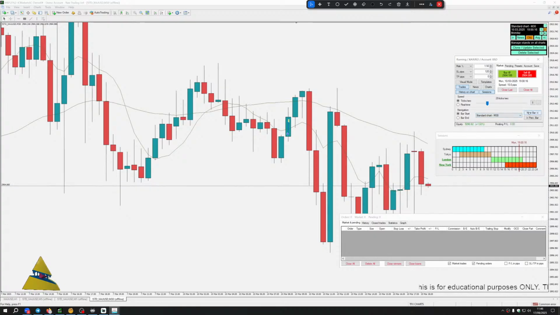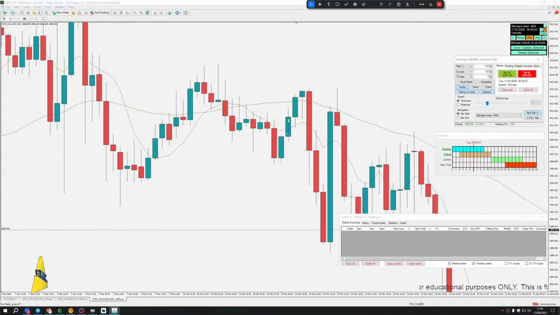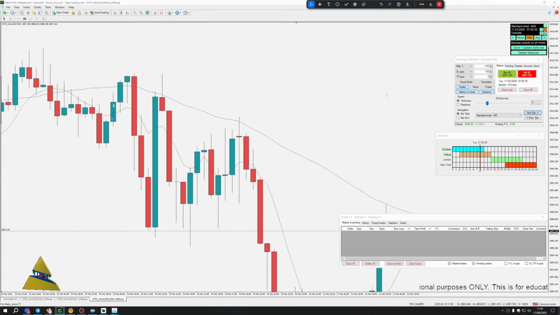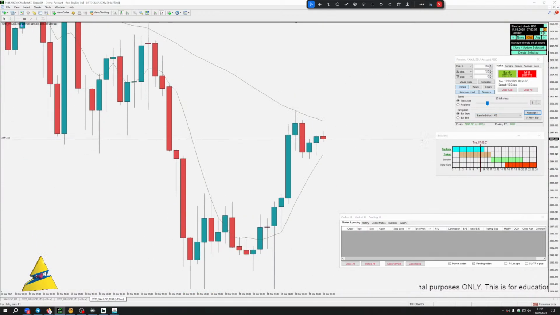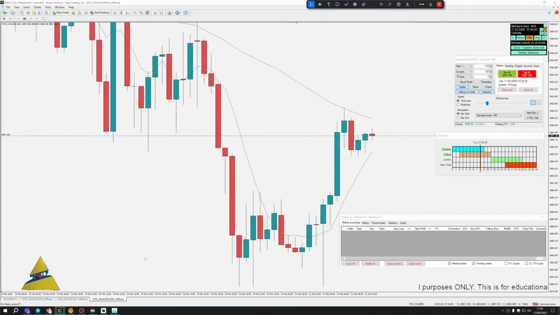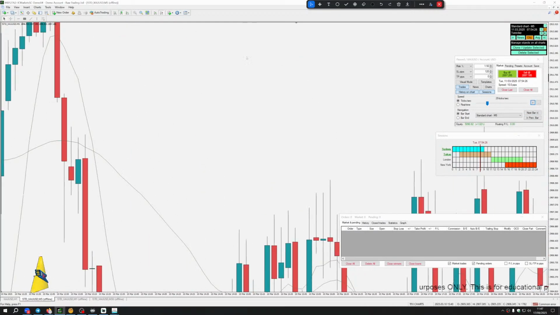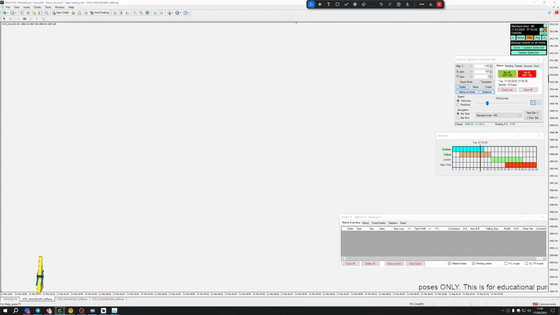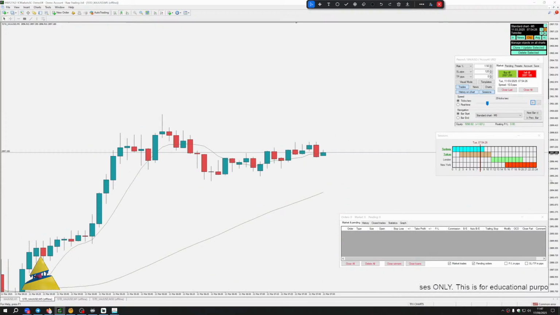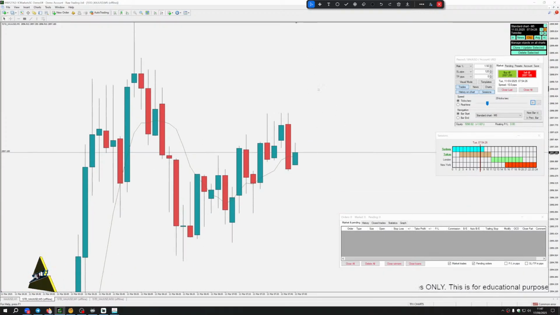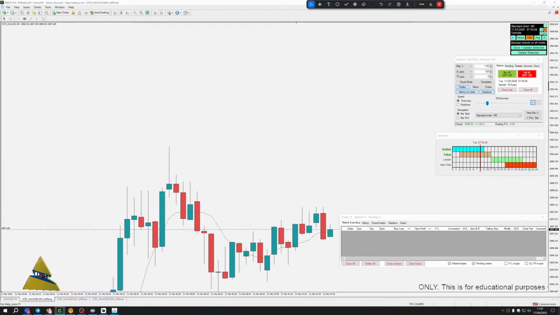Let me change this. And stick to just maybe 1 or 2 trades per day. All right, let's load this up. Come here and just monitor the way price is acting right now.